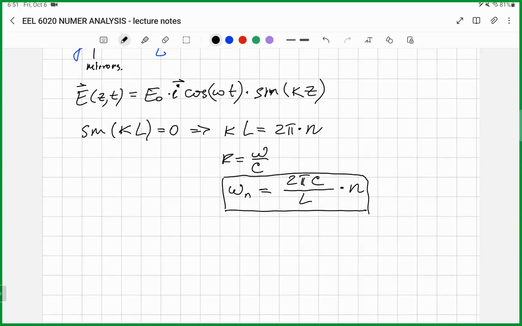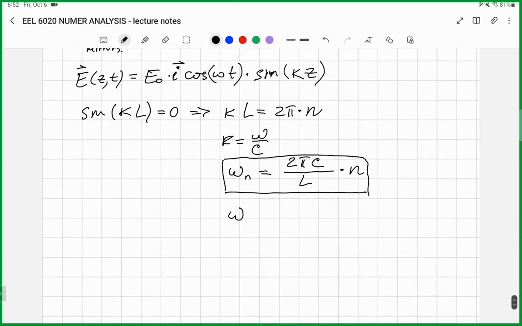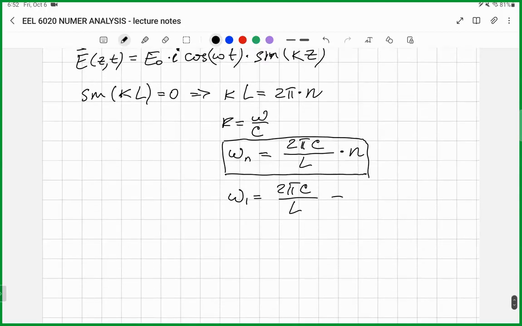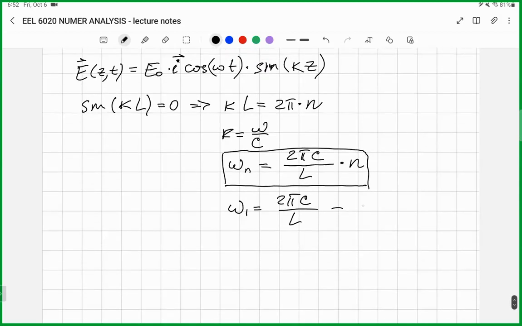This result indicates that the field between these two mirrors can only have specific frequencies. Not all frequencies can exist between these two mirrors. Only those that are multiples of omega 1, equal to pi times c over L, which is the so-called fundamental resonance or fundamental mode.